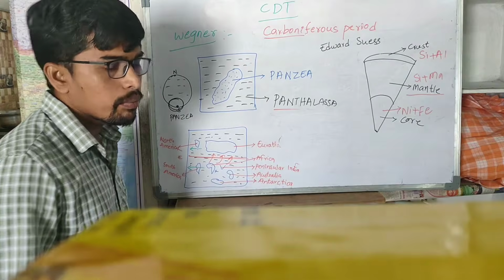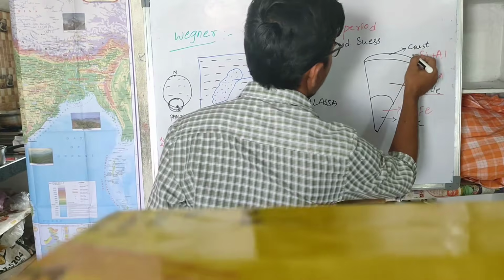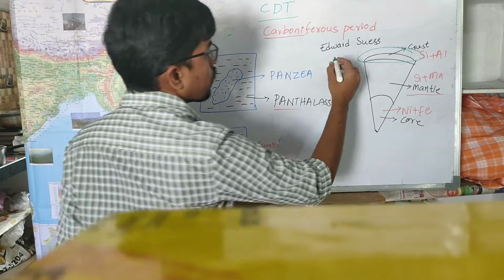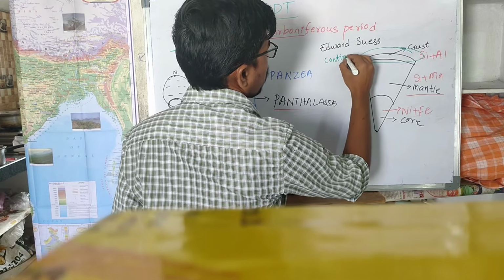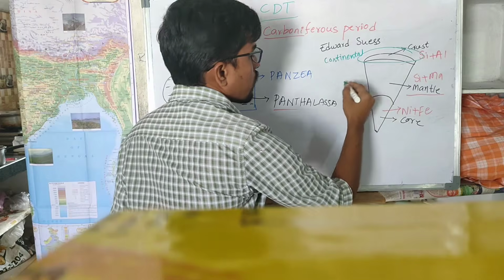He made a phenomenon that the upper layer, this sial, is the continental layer, the continental crust, and sima is the oceanic crust.